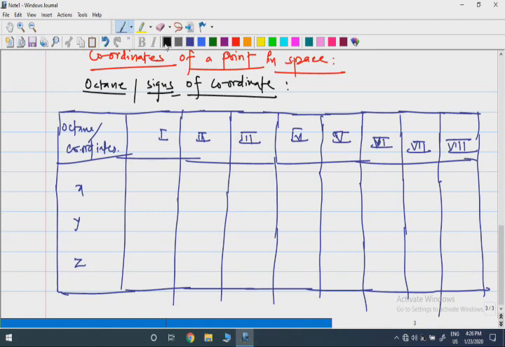First octant means plus plus plus. Okay. In the second octant, what you have to do is make your x negative. The rest will be positive and positive. Only x is negative.